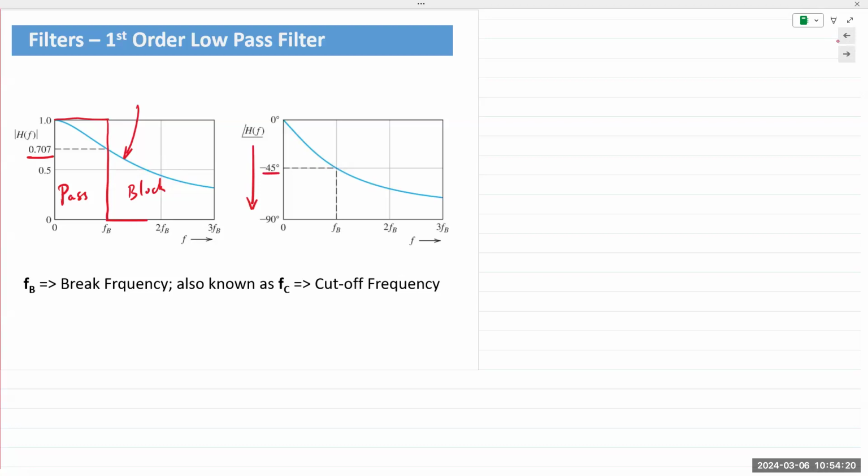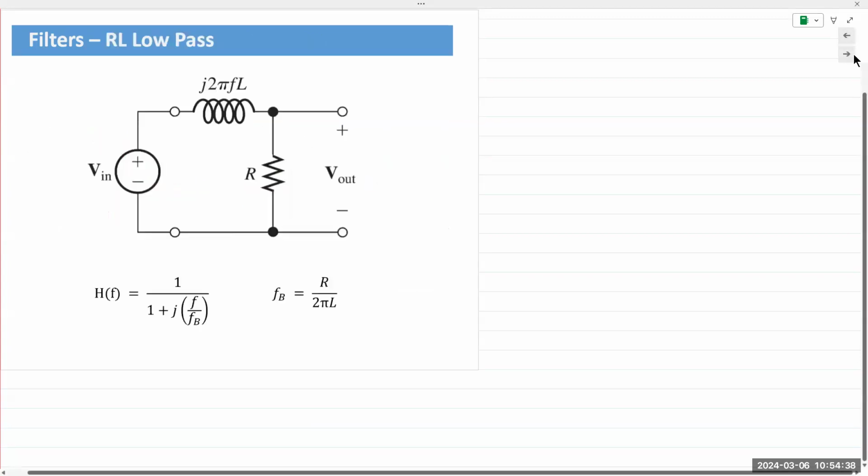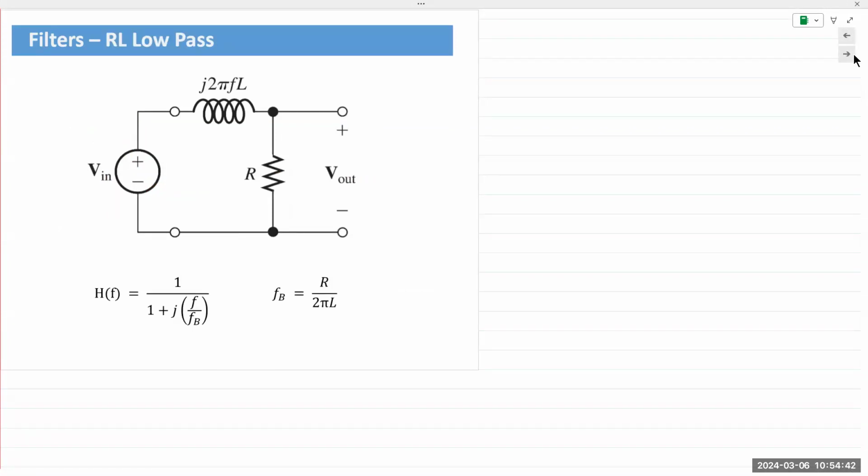And this will be true for all low-pass filters, whether made out of capacitors or inductors. So if you look at an RL filter, it's exactly the same as an RC filter. It's a series connection of the inductor and a resistor.